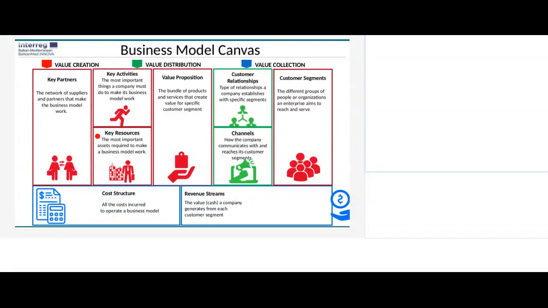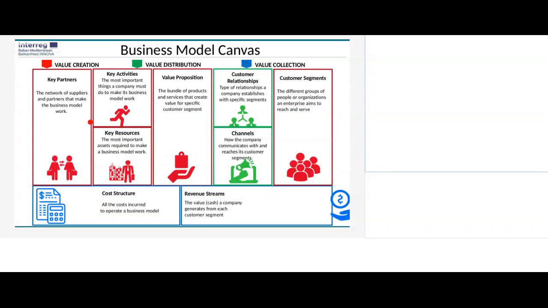And then under that, we have the key resources, which are the most important assets required to make a business model work. The key resources are really important as well as the key activities, since they underline what we need to make the business model work. We will see examples of key activities and key resources in the case study, so I don't think we have to provide any examples here.